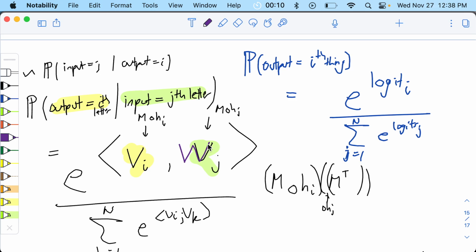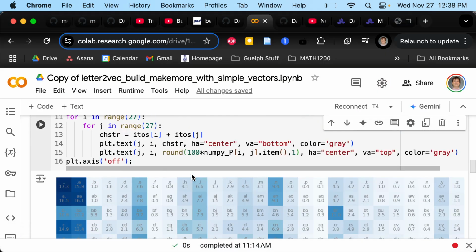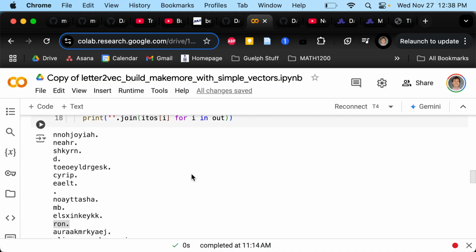And then you can combine them by doing the inner product of V_i with W_j. That way, any given letter is treated as a different entity if it's the input letter or the output letter. So first letter Q is completely different from second letter Q. OK. Let's see what that looks like. So that's the next idea.